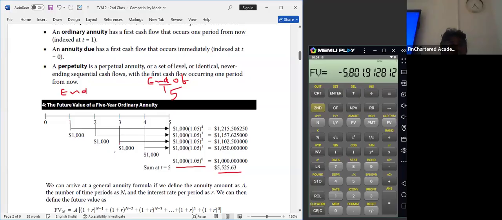It is because you are going to be making the investment at the beginning of the period itself. Yes, Adeline.